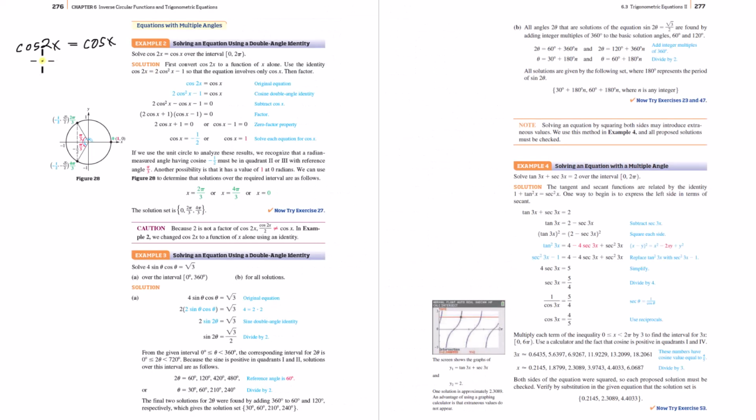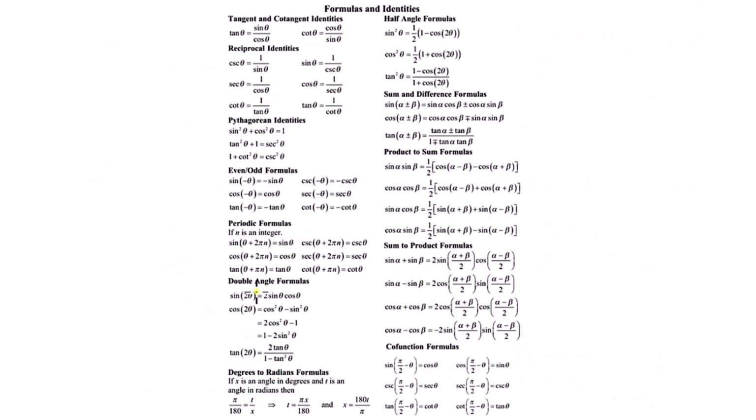So we can take cosine of 2x and write it, we have 3 options with cosine of 2x. It would be nice if we have everything as a cosine, because then we have one trig function to deal with. So let's write cosine of 2x as 2 cosine squared x minus 1.